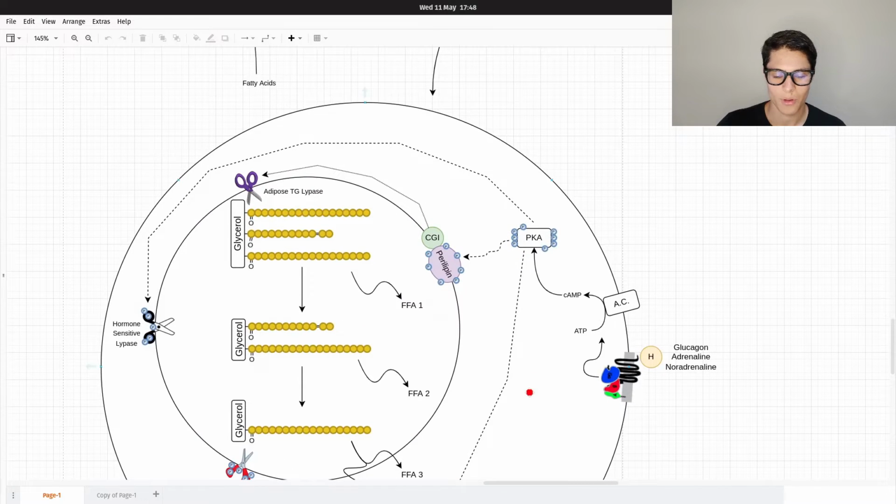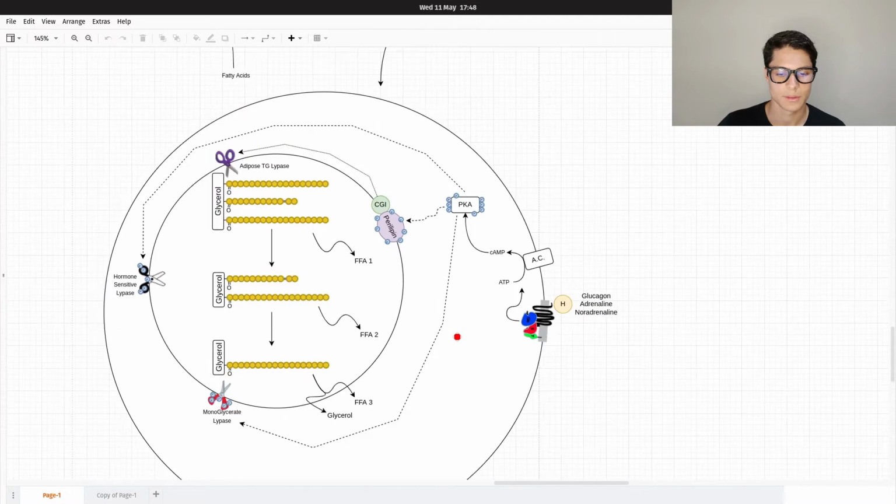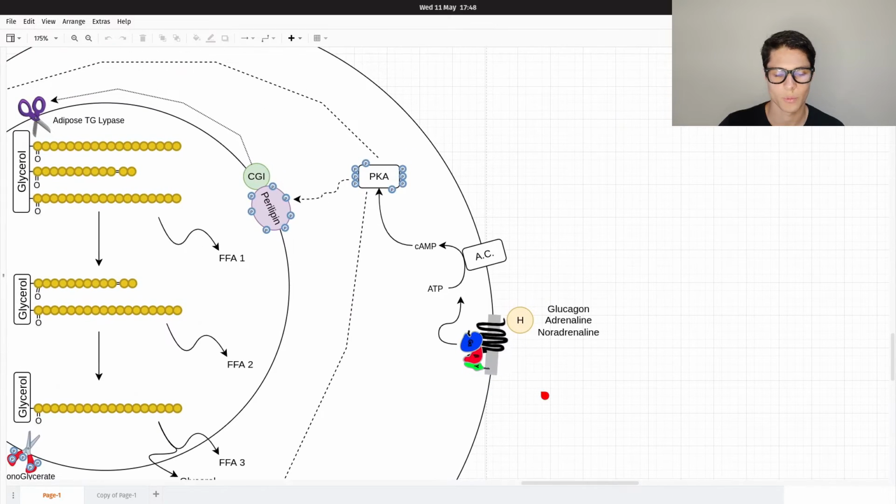So how are we going to do that? Well, the conversion of triglycerides into fatty acids and glycerol happens when we are not eating, when insulin is low, and when other hormones are activated, like glucagon, adrenaline, and noradrenaline.